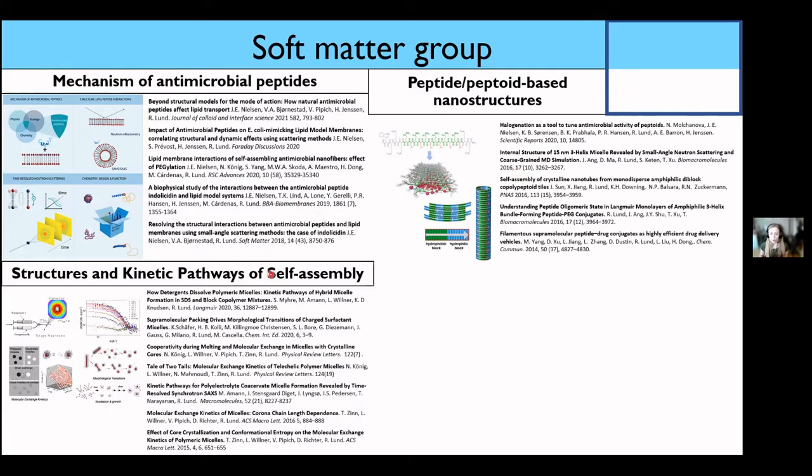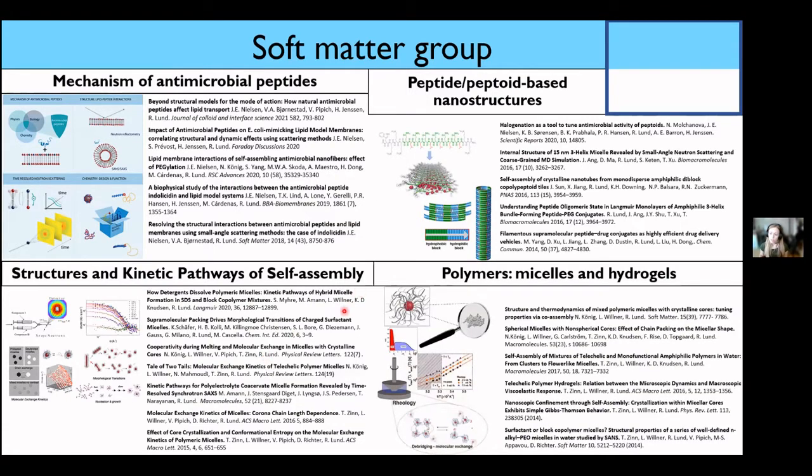One very large part of much of our research is the study of the structures and kinetic pathways of self-assembly, which contains many different types of systems. It includes much of my research as well. And we're also interested in polymers, so the structure, thermodynamics, and dynamics of polymer assemblies.